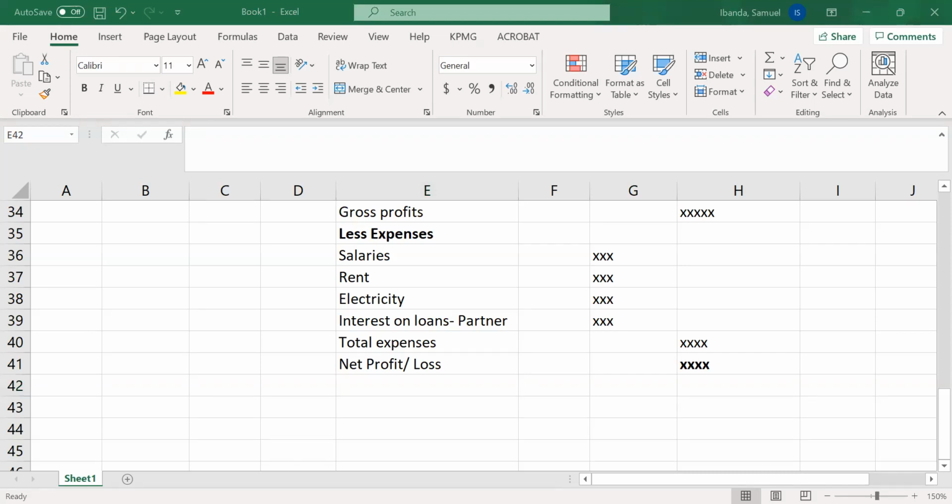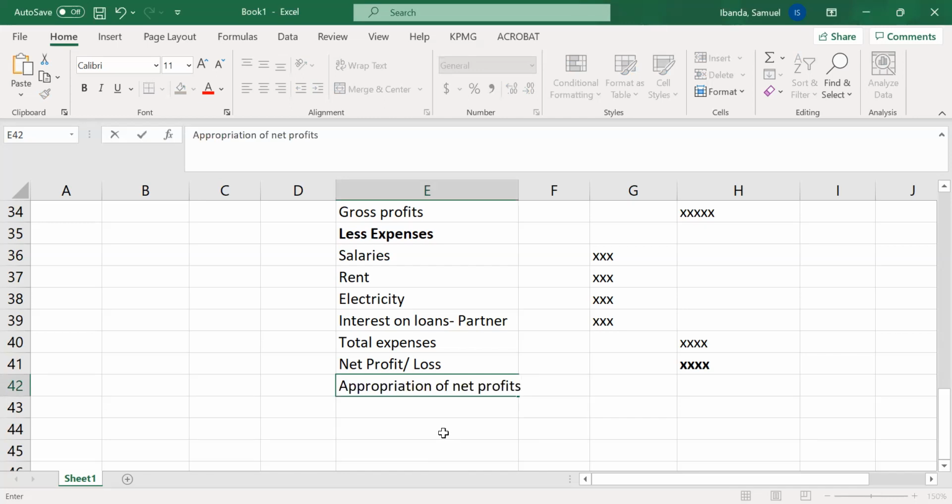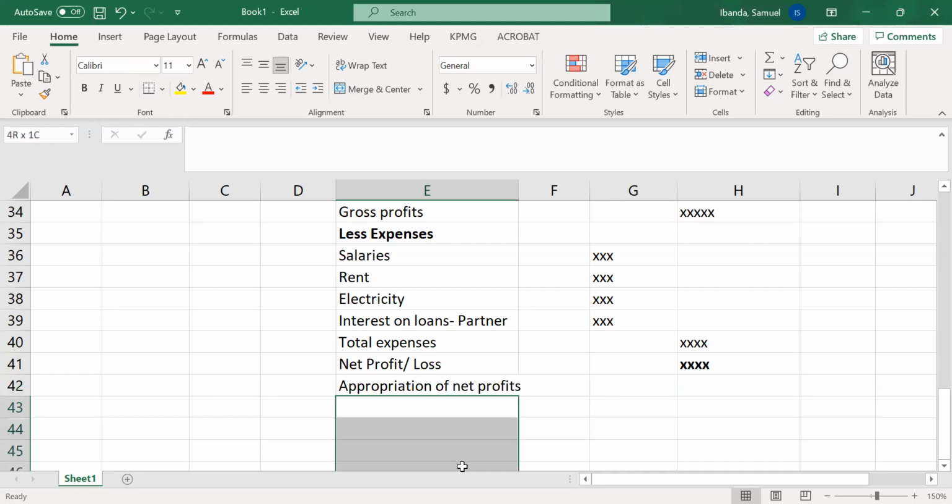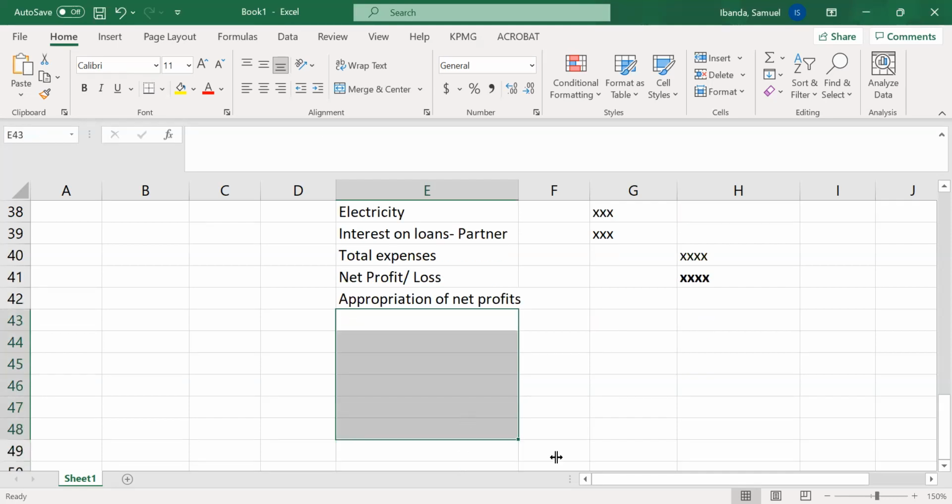So you have now appropriation of net profits. Now that is when you start to look at other areas that relate to the partners that you have at hand, okay? That is what you come to now.